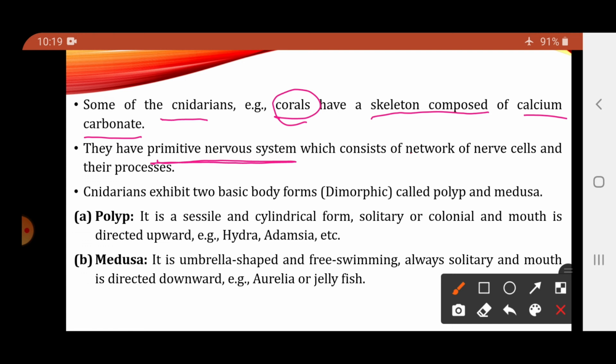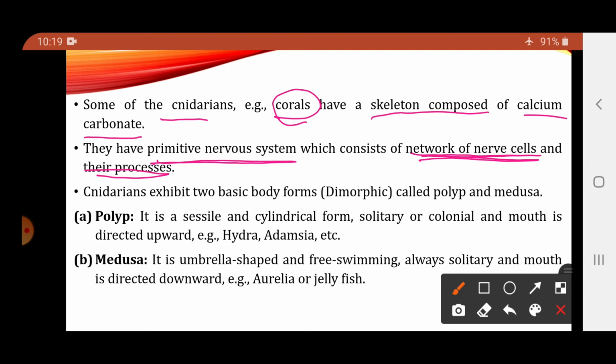How is it? It consists of a network of nerve cells, that is, a group of nerve cells and their processes. What are the processes of nerve cells? Axons and dendrons. You must have studied the structure of a neuron in previous standards, right? So it consists of a group of neurons and their processes.